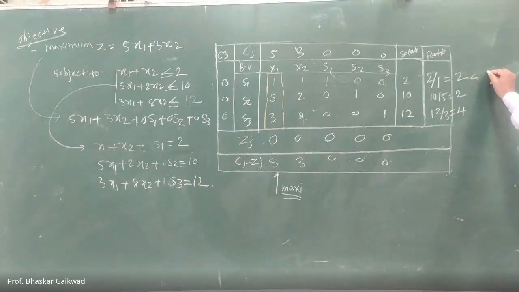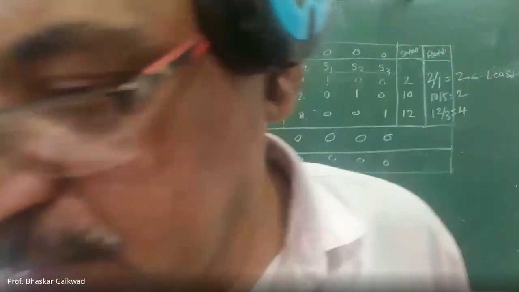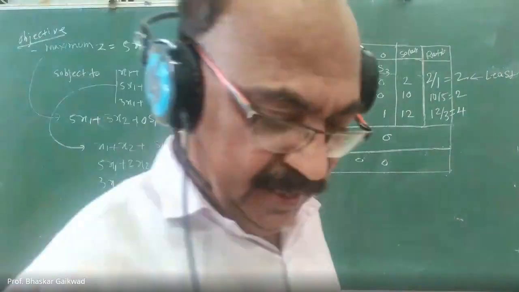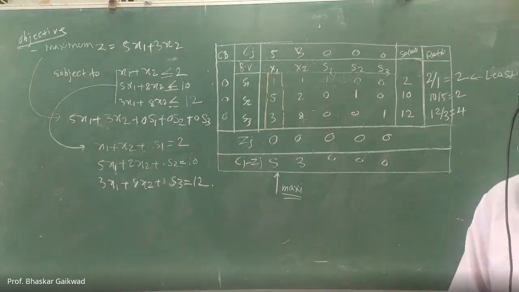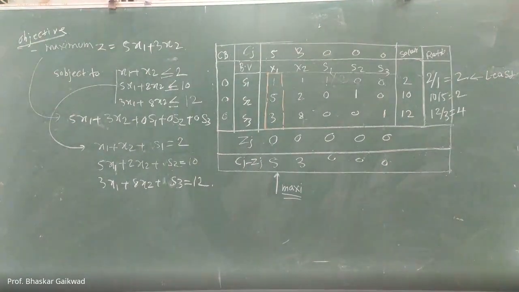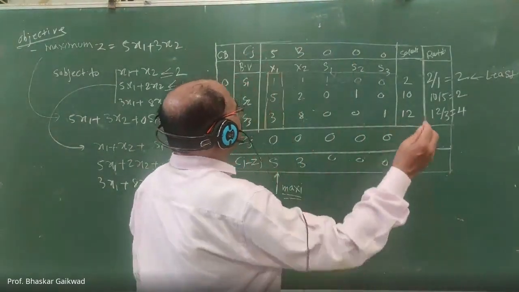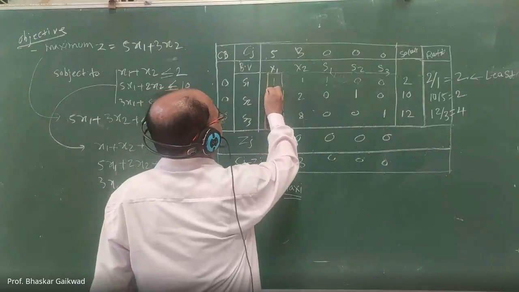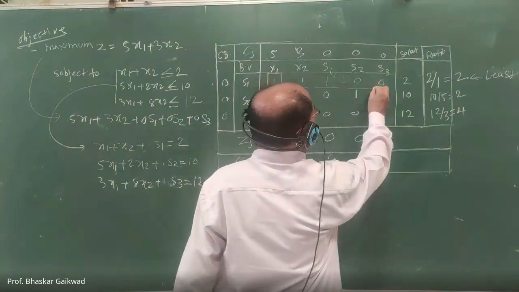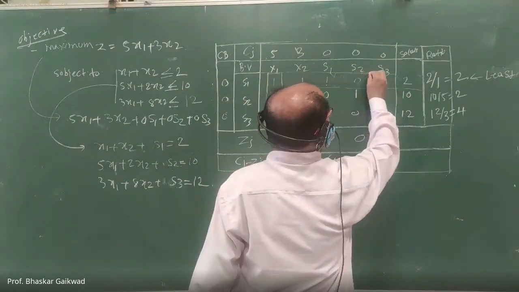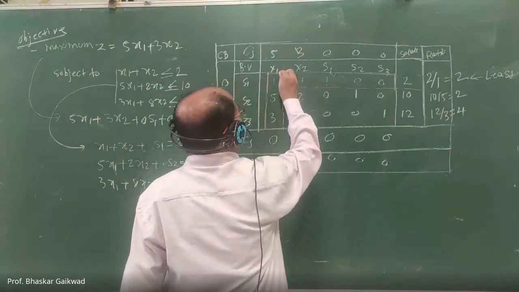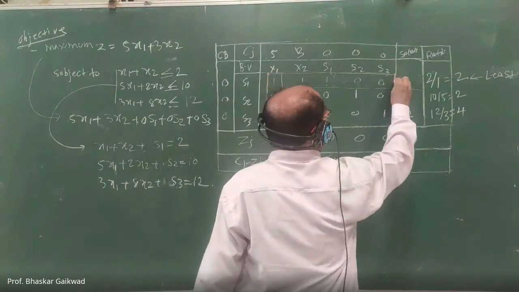This is the least value, and accordingly the row will be there.